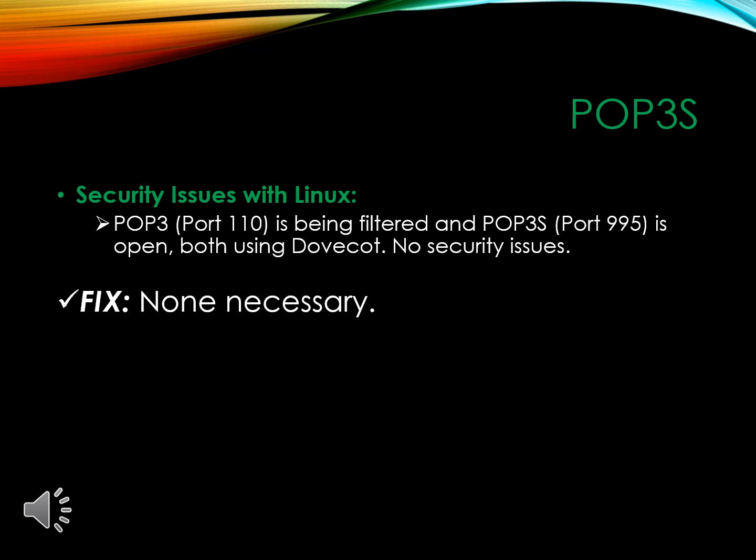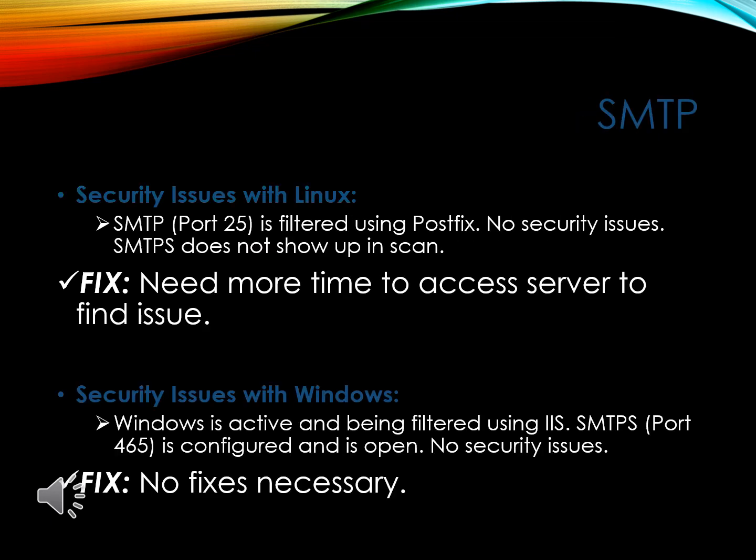POP3S in Nmap scans shows it being open, and POP3 shows as being closed. Greenbone states that there is no security issue with either, and therefore no security fixes are necessary. Scans in the Linux and Windows servers show that SMTP port 25 is being filtered.